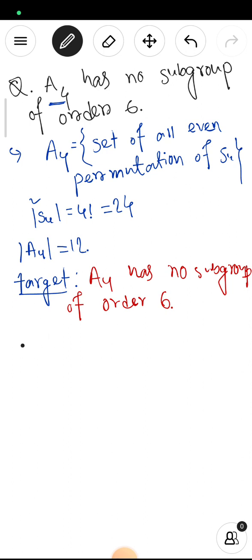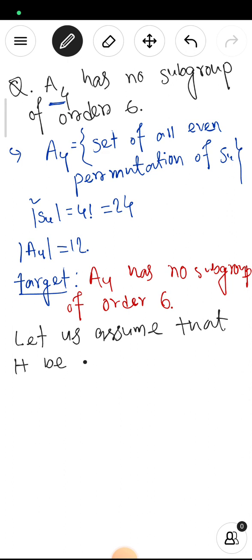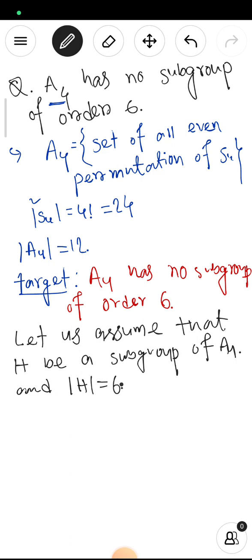Let us assume that H is a subgroup of A4 and the order of H equals 6. Why do we assume that?